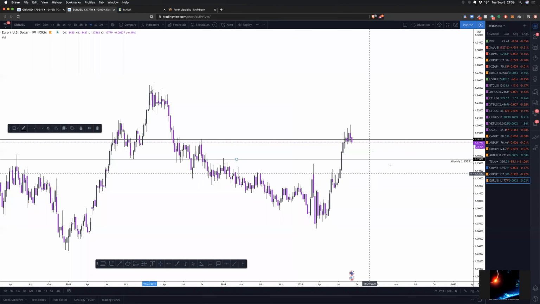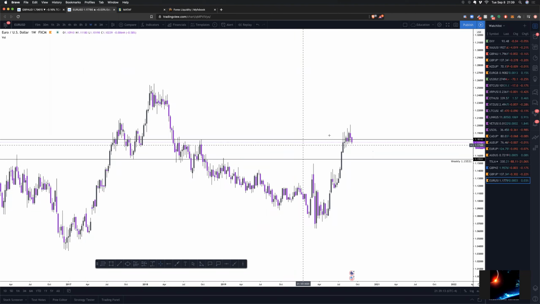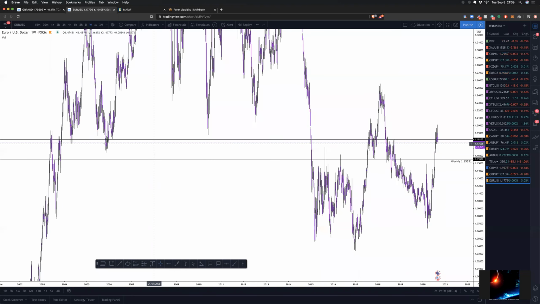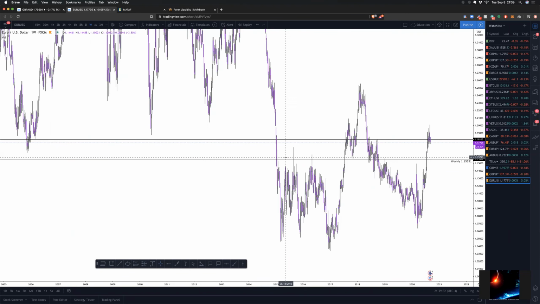531 weekly support. I would have placed my weekly line up here somewhere, but since price looks like it's moving down, I set it based on this wick over here, because when I look left, I can see it was resistance here. It was support over here, resistance over here in the past.